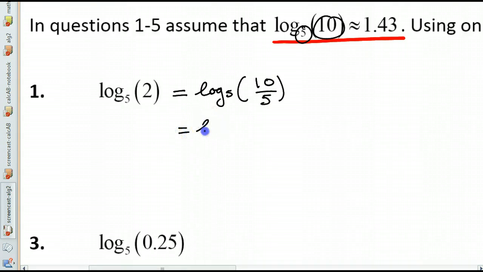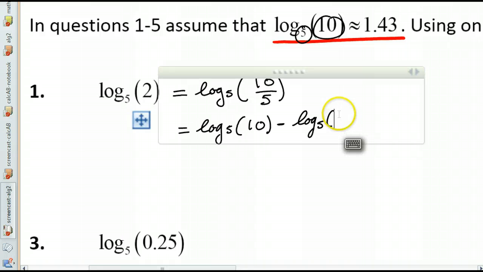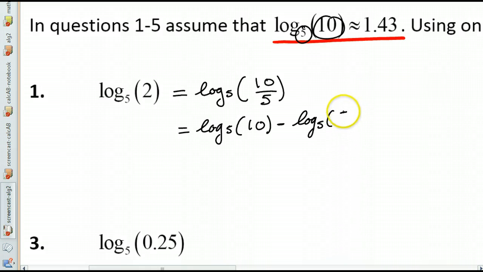Because now I'm going to use the property of logarithm that says that the log of a ratio is the difference of logs. Sorry. This is of 2 right here. And so that means, oh, where am I? Right here. This is of 5, right?